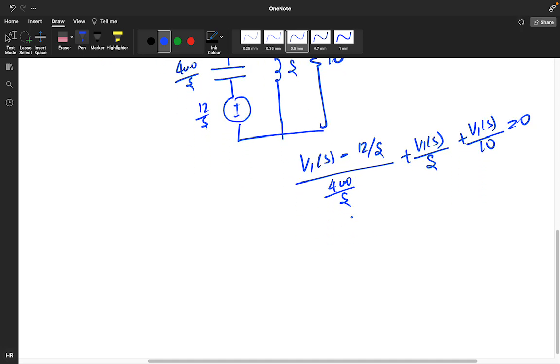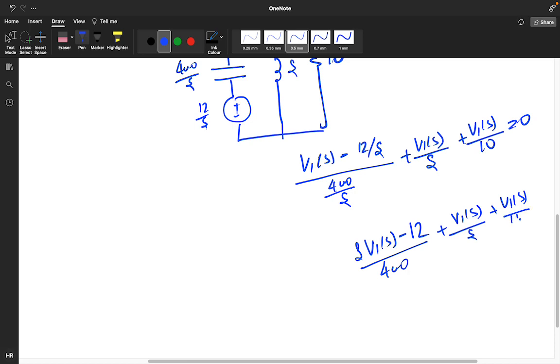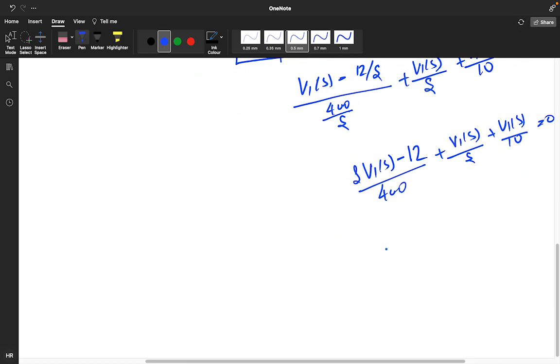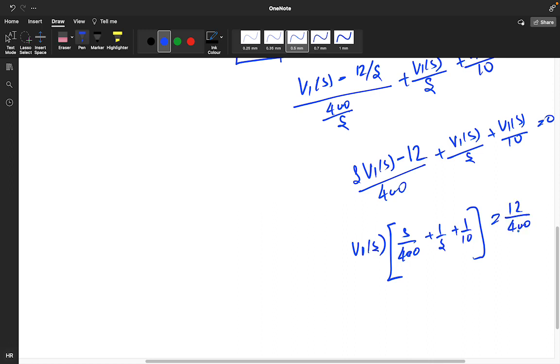If you solve this particular circuit, what do you get? Take the LCM, so s v1 of s will go upside, it will become 12 by 400 plus v1 of s by s plus v1 of s by 10, it is 0. Take v1 of s as common, you will get s by 400 plus 1 by s plus 1 by 10, and take this part that side, you will get 12 by 400.